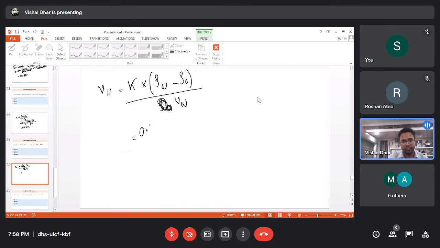The value of K is 0.163, into density of water, given as 62.1, minus 54.15, the density of oil, divided by viscosity of water, given as 0.63. So if we solve this, just solve it quickly.